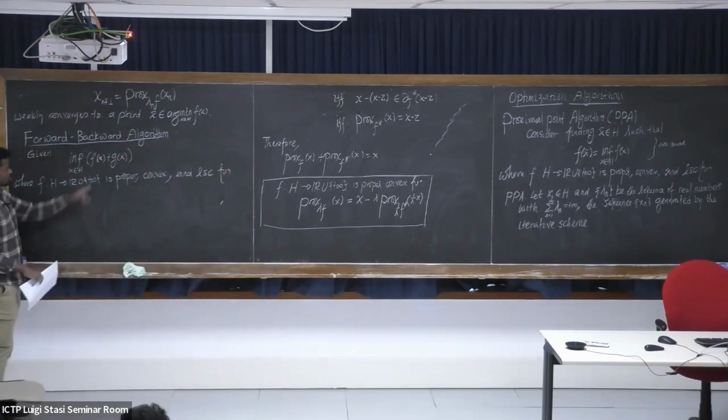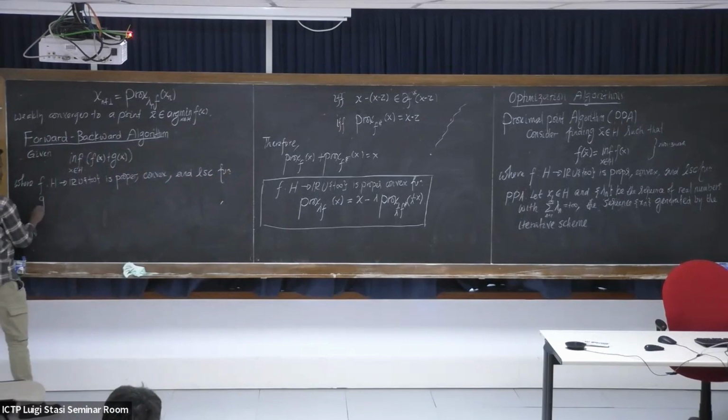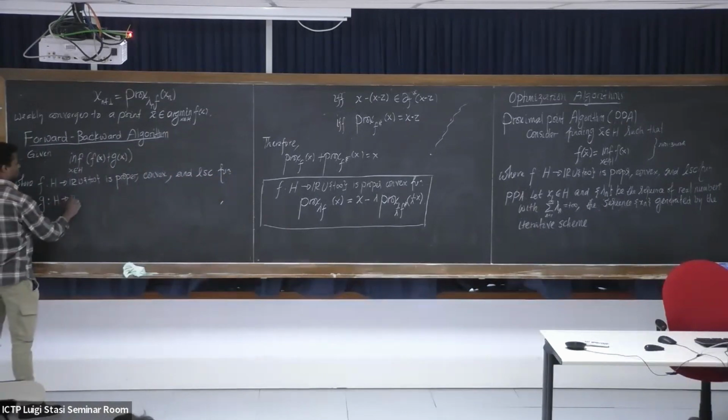This is smooth, and we have G to be non-smooth.